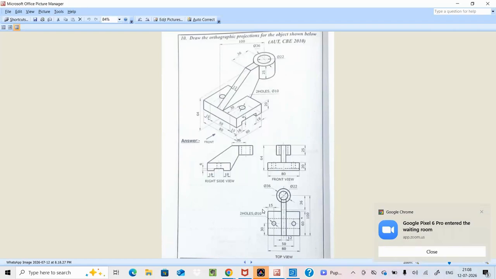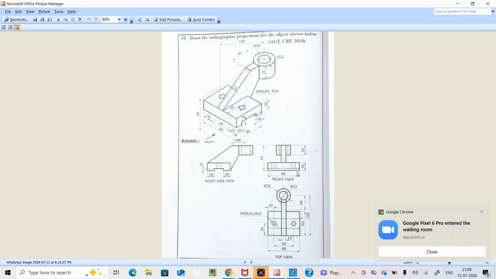Now if you see here, in the front view which is visible, this 80 mm is visible, as well as this 20 mm is visible. And they have given the total height of this one, 64. This 64 height, from the top portion till the bottom portion, is given.